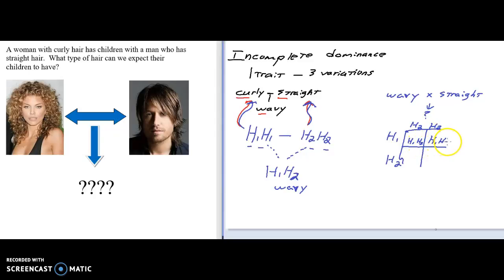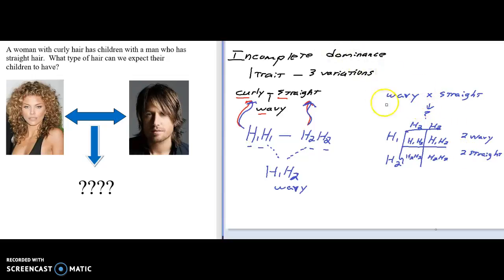H1, H2, you're wavy. So we got 2 wavy. And then H2, H2, and H2, H2. Those would be 2 straight-haired individuals. So we would not expect any type of curly-haired individuals from these 2 parents, wavy and straight.